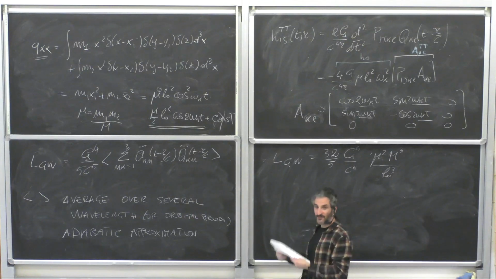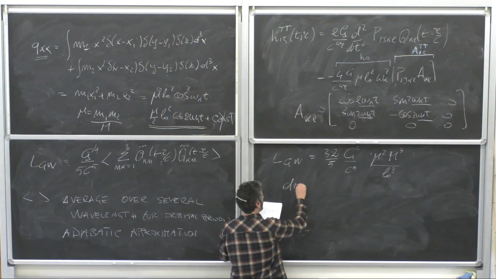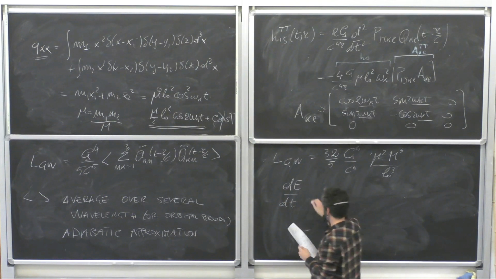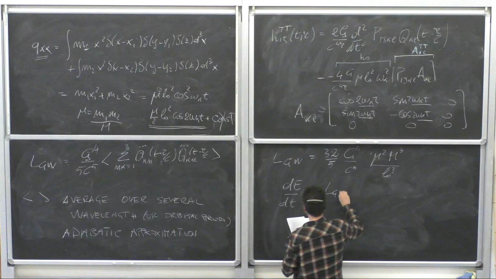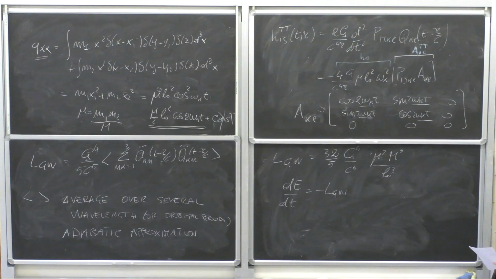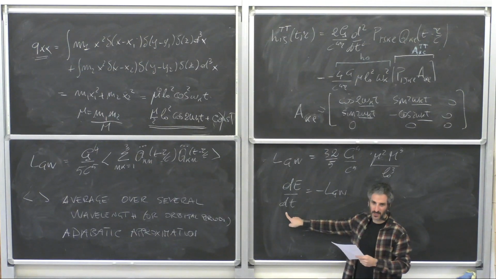Given that I'm working in this adiabatic approximation, the loss of energy of my system is given by the gravitational wave luminosity. This is responsible for changing the binding energy of the system.